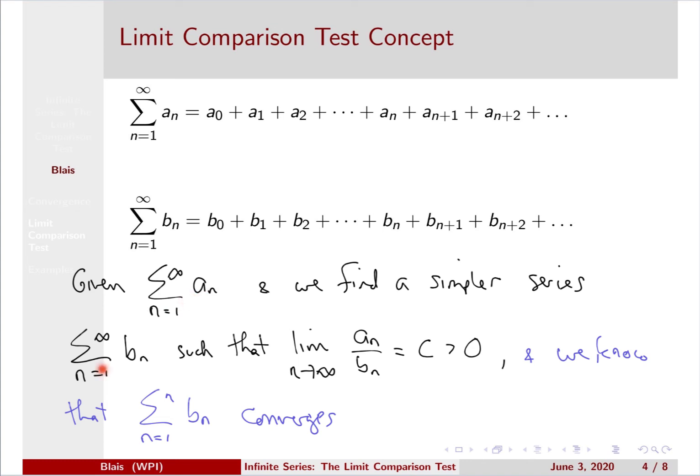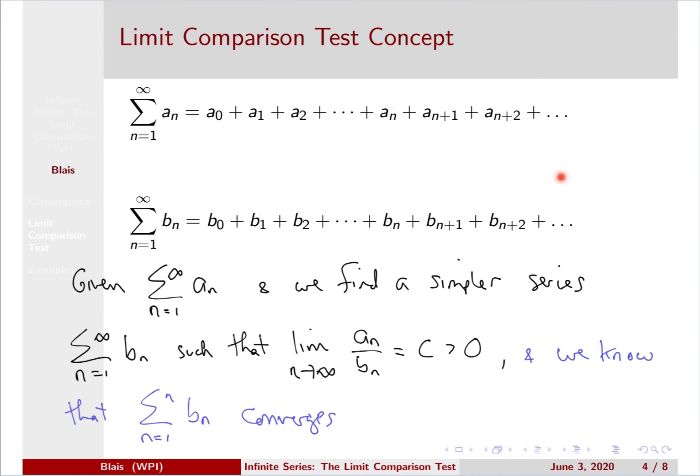You find a related series that's typically simpler and one that you understand. And if you can tether the two series together with this limit condition, then you can use what you know about the simpler series to determine convergence or divergence of your given series.